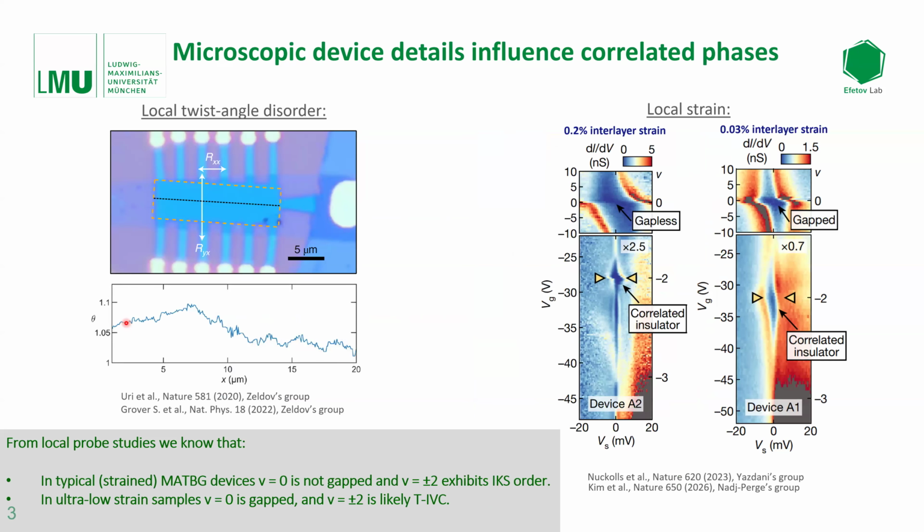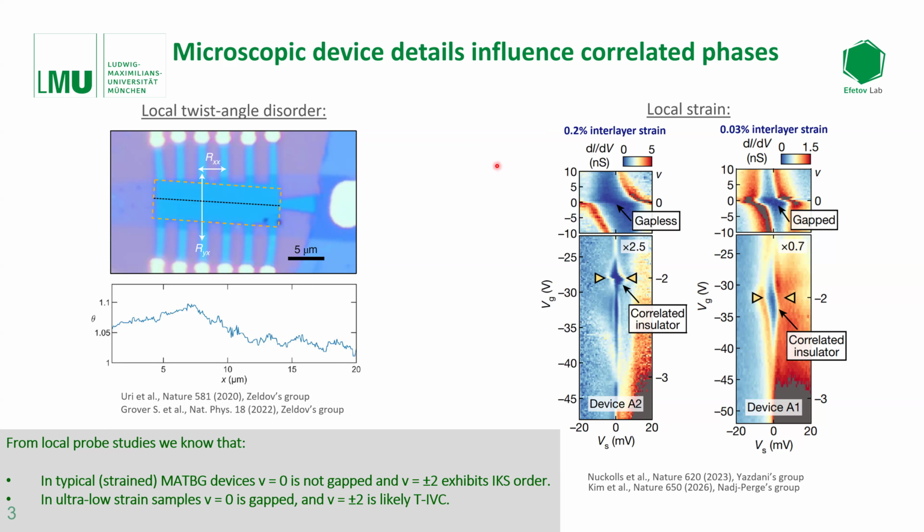One of the sources of disorder in the systems, as we know now, is twist angle disorder. And in particular, twist angle disorder can, of course, also induce some strain into the system.